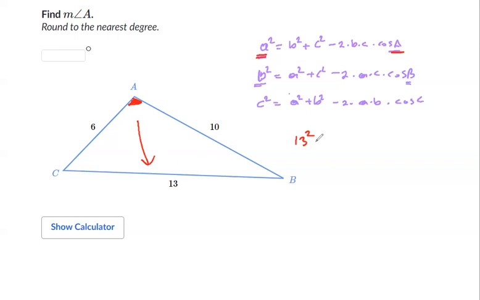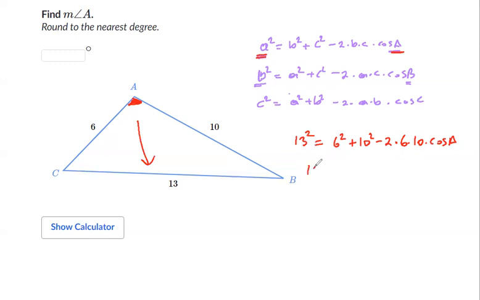So 13 squared equals, with the other two sides being 6 and 10, 6 squared plus 10 squared minus 2 times 6 times 10 times cosine of angle A. After writing this equation, the rest is not too simple either, which is why I highly recommend you pause right here and try a few steps to see if you can finalize the question.